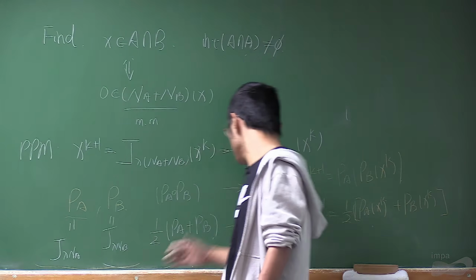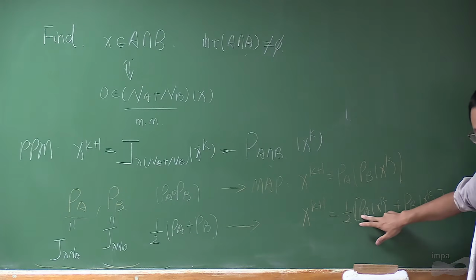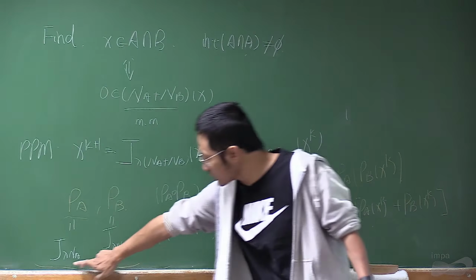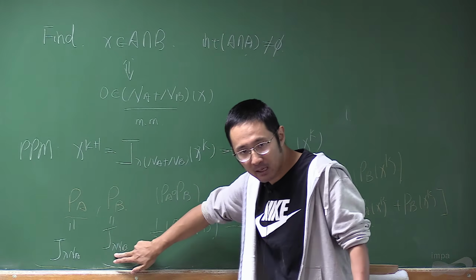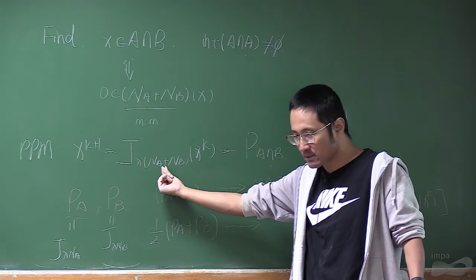In these two algorithms, we use PA and PB independently, which means we use the resolvents of NA and NB separately. Not like here, where we calculate the resolvent together.